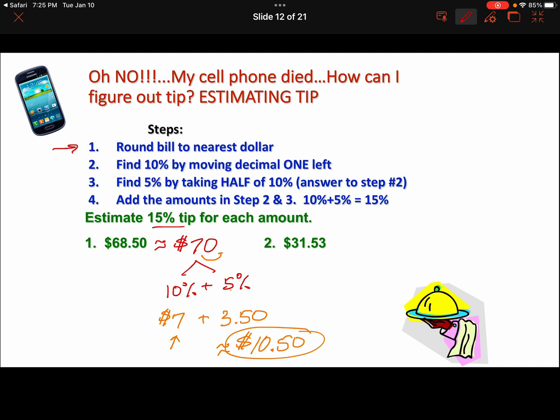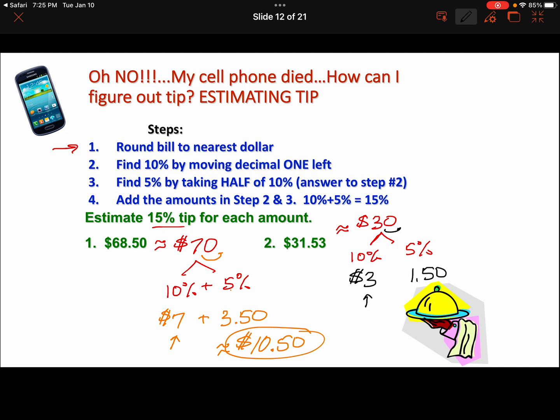So as we look at number 2, $31.53, I'm going to think of it as approximately $30. Now this is a little lower than what the actual price is, so my tip's going to be slightly lower than it should be, but we can add a little bit extra to it if we need to at the restaurant. But 10% of 30 then, just move your decimal point over, is $3. 5% would be exactly half of the $3 then. Well, half of $3 is $1.50.